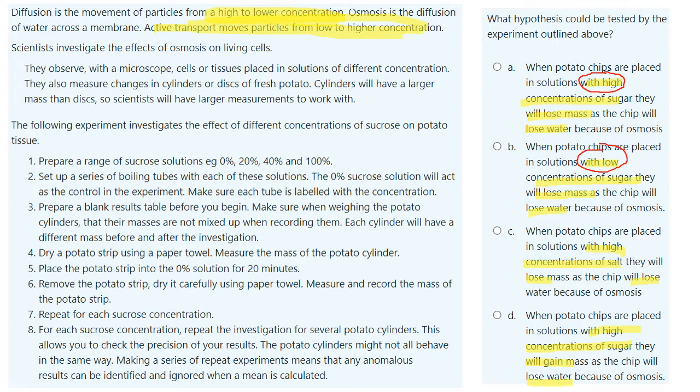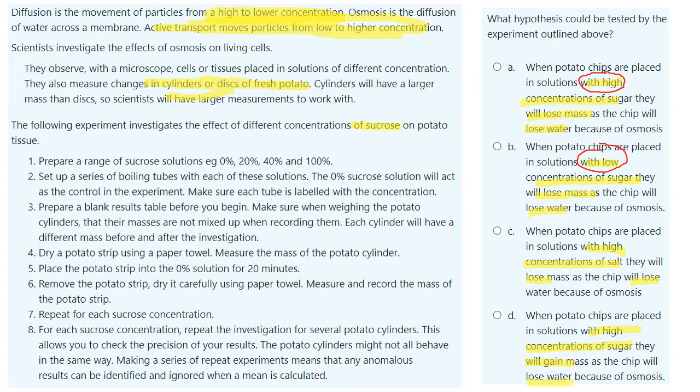So scientists investigate the effects of osmosis on living cells. They observe with a microscope the cells or tissues placed in different solutions of different concentration. They can also measure changes in cylinders or discs of fresh potato. Cylinders have a larger mass than discs, so scientists will have larger measurements to work with. And they do this experiment in different concentrations of sucrose.